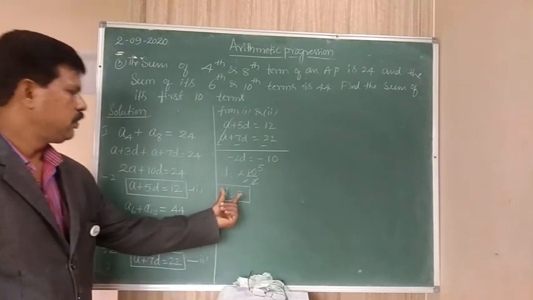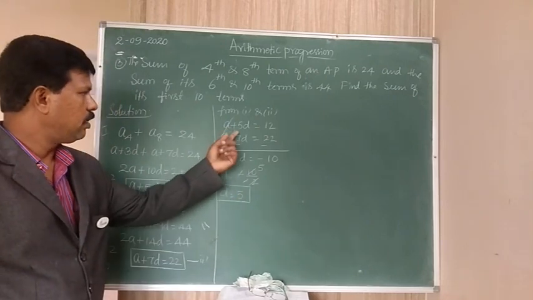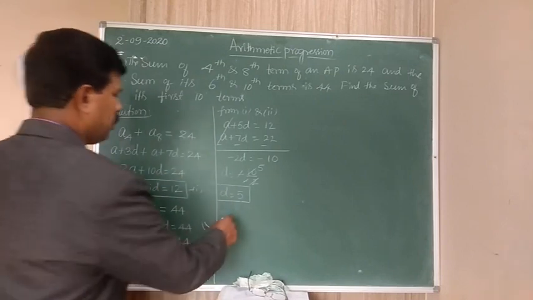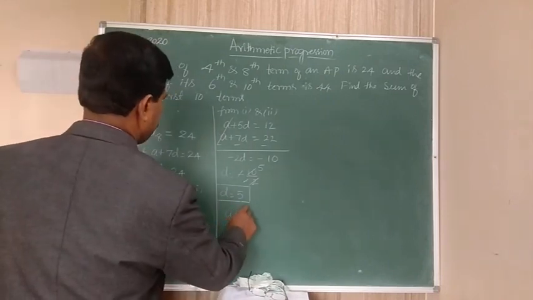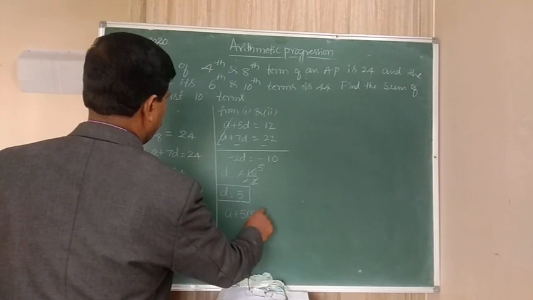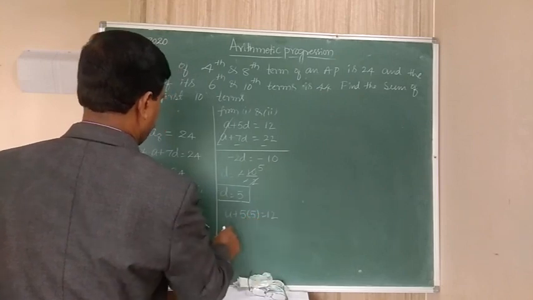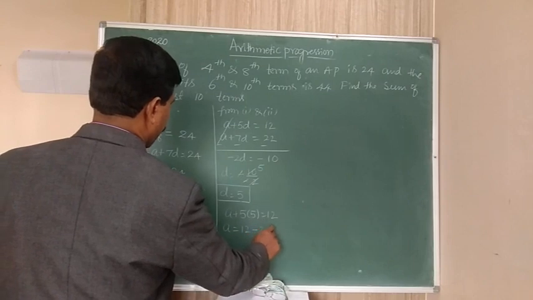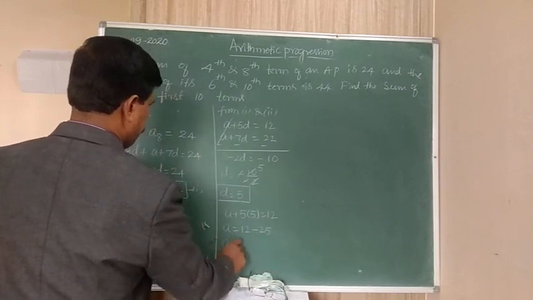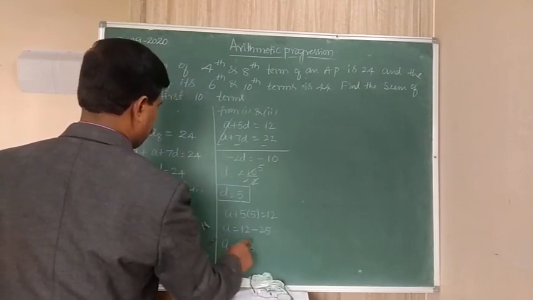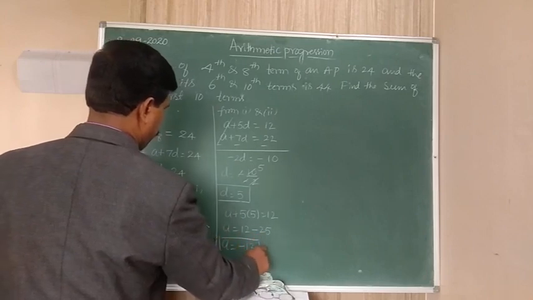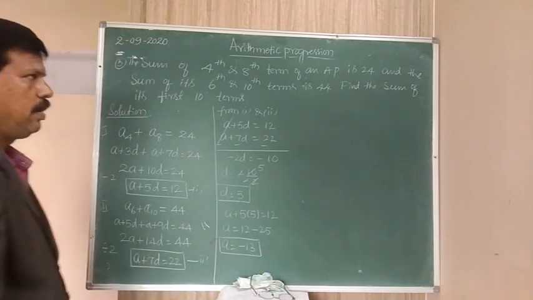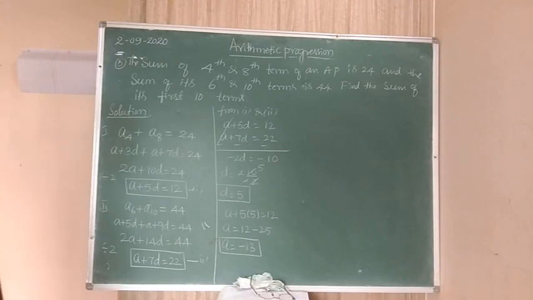Now substitute the D value in any one of these equations. Then A plus 5 of 5 equals 12. Then A is equal to 12 minus 25. A is equal to minus 13. So A value we know, D value also we know.